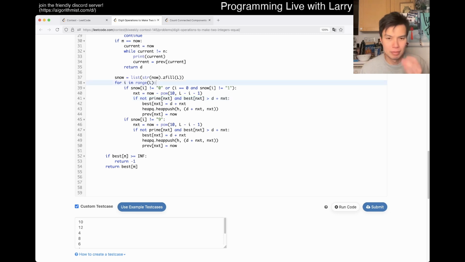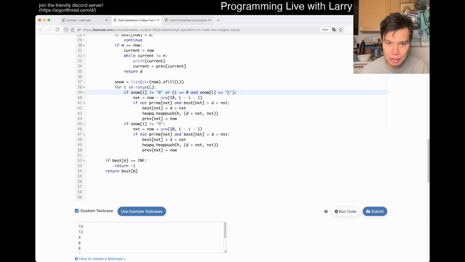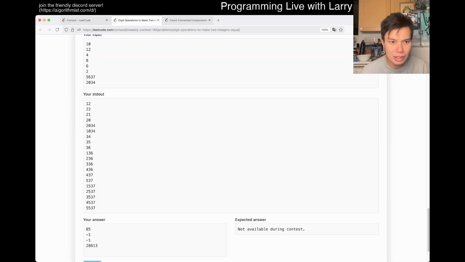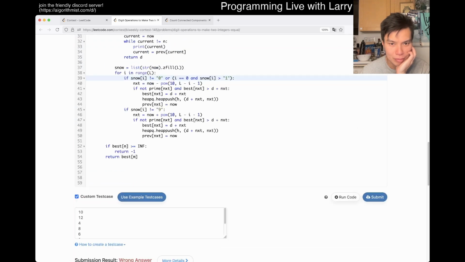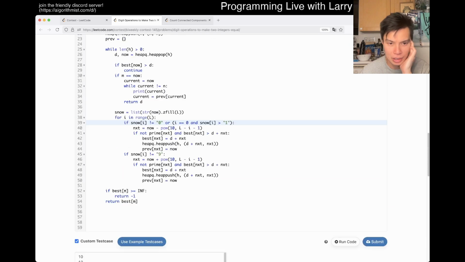Oh, because it could be negative, I think, but I think no, it's strictly greater than. No, I still get the wrong answer. Well, my code is not right because it still does the. So, or if this is.